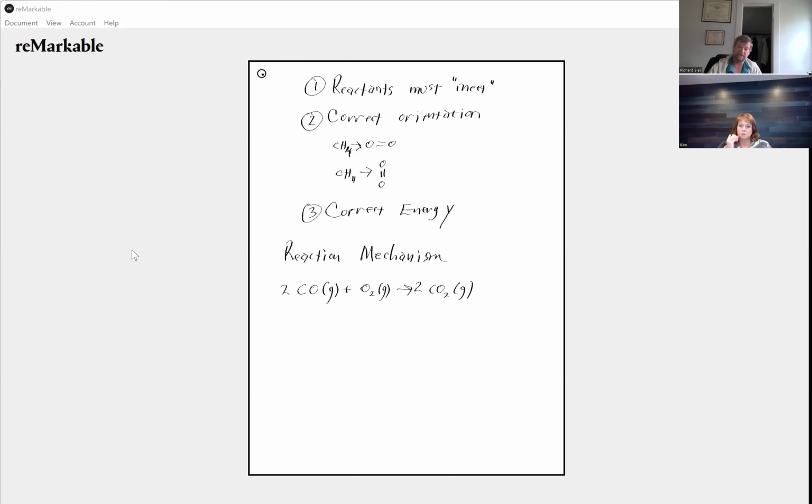Carbon monoxide is given off in any combustion reaction. Combustion reactions always produce some given amount of carbon monoxide. It's a side reaction, so it may not be much, but you're going to get some.